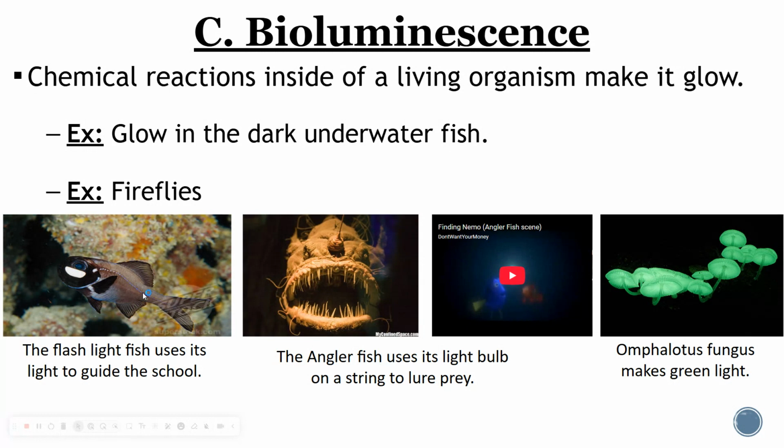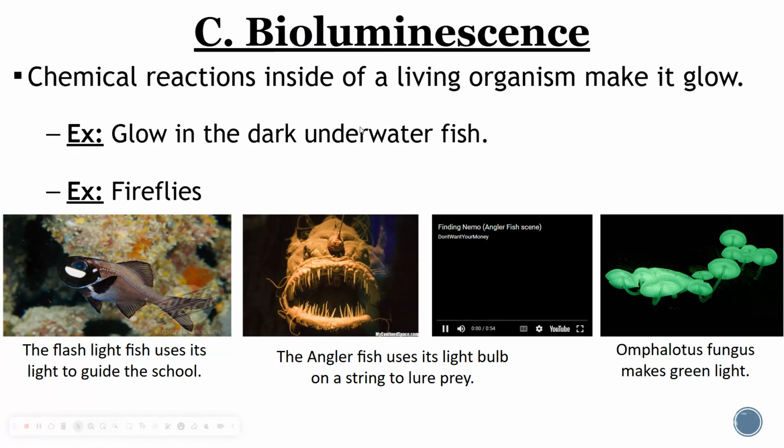Over here we have a flashlight fish, which has glowing specialized cells that do chemical reactions that cause the cell to glow. Here you can see a fungus, almost like a mushroom, that also has chemical reactions inside of it and allow it to glow green. And so that's called bioluminescence, light being produced by living things.